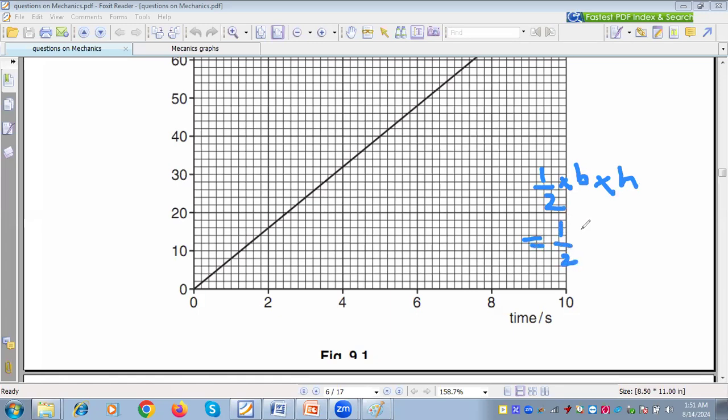Half, base 9, height 72. So this is 36, and 36 into 9 is 324 meters.